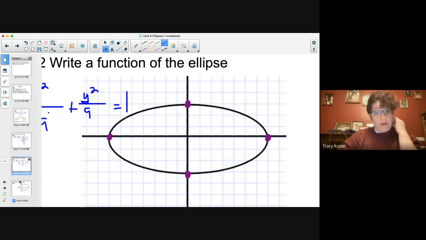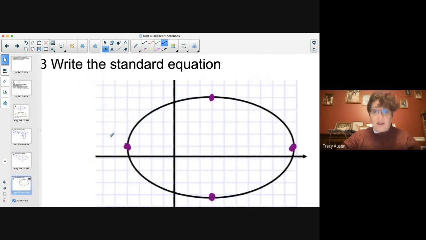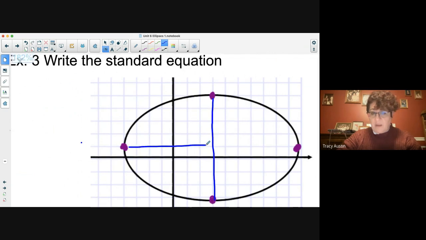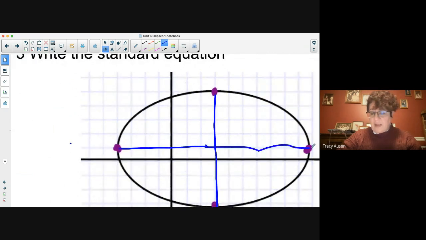Okay, so now let's actually get a little bit more interesting where it's not centered at 0. So now we need to find the center, which again is just in the middle of all of your vertices and co-vertices, dead center of that. So it's actually pretty easy to pick out. So there is my center, and that is the point 3, 1.